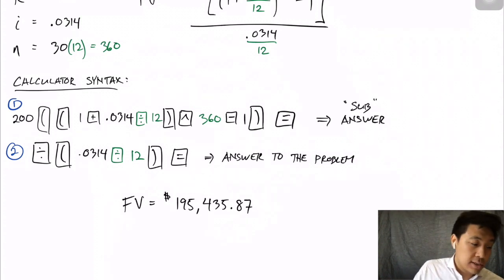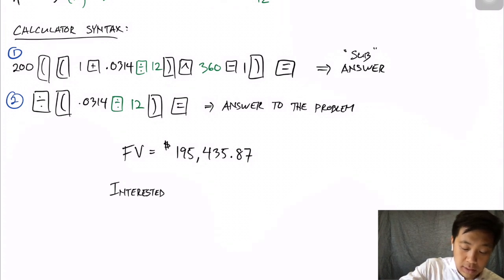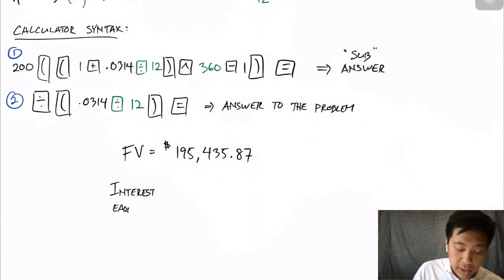So the next question is, how do you find the interest earned? Interest earned is not a formal formula. But you can think of it that way if you want.